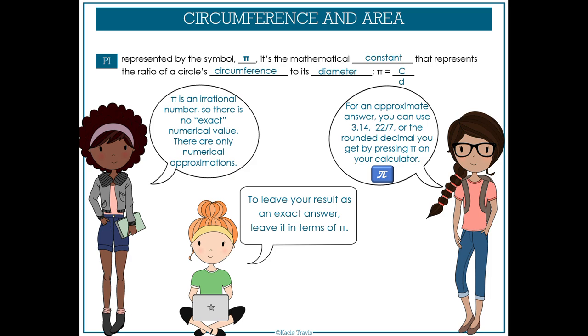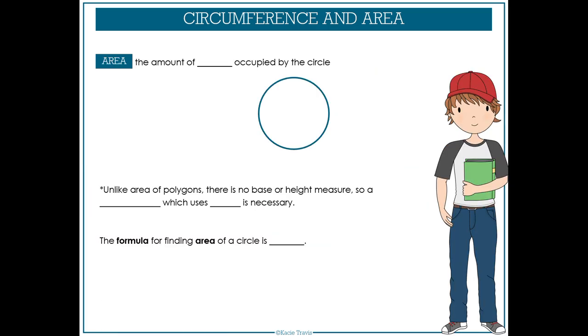All right, let's take a look at the next definition we got here. The area of a circle is the space occupied by the circle. So all of this inside of here. Now, unlike our area for polygons like squares, triangles, and such, there's no base and there's no height, so we have to make a formula that uses pi.